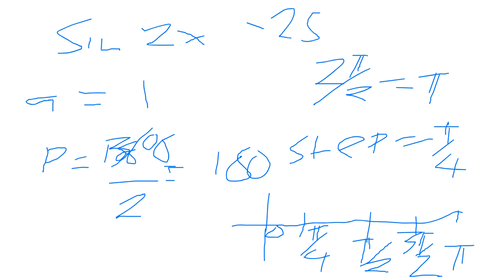So our amplitude is minus 2? Yes, but it's going to be positive. Here it was 1, so the number in front of the sine here was 1. Can we see that?